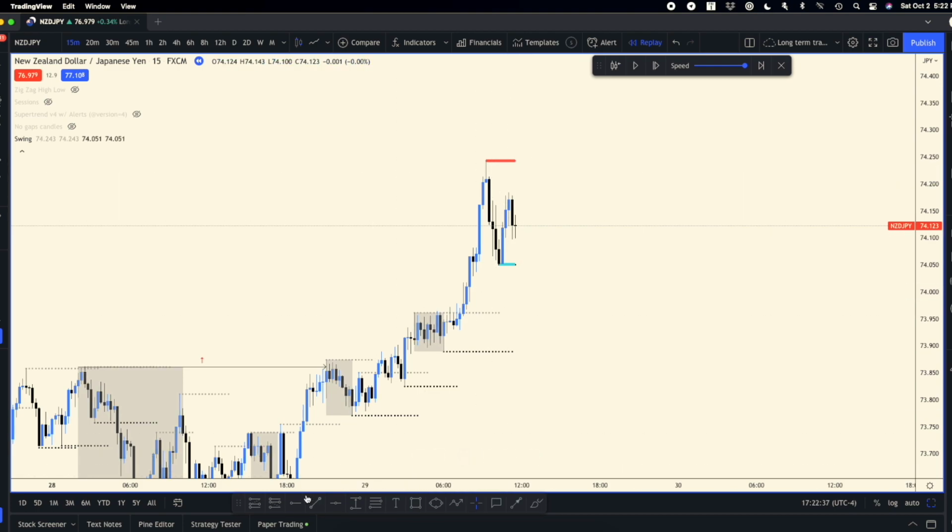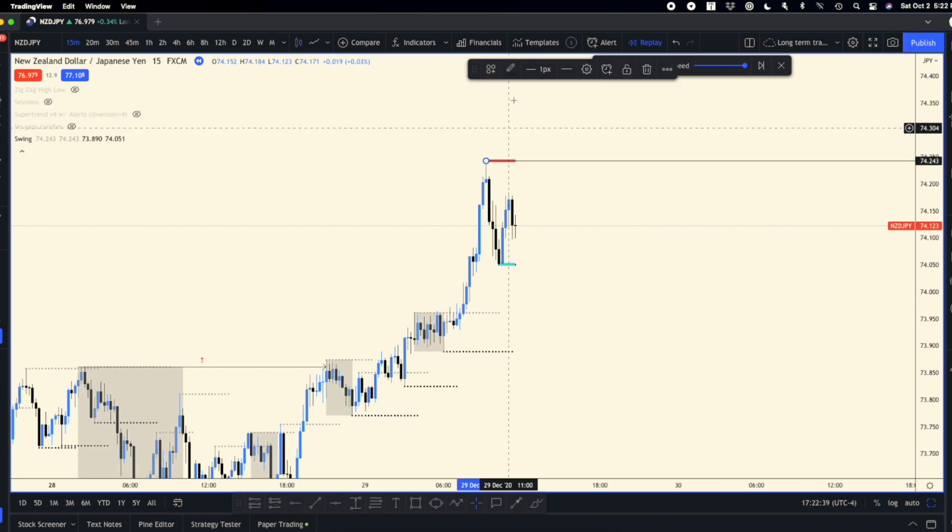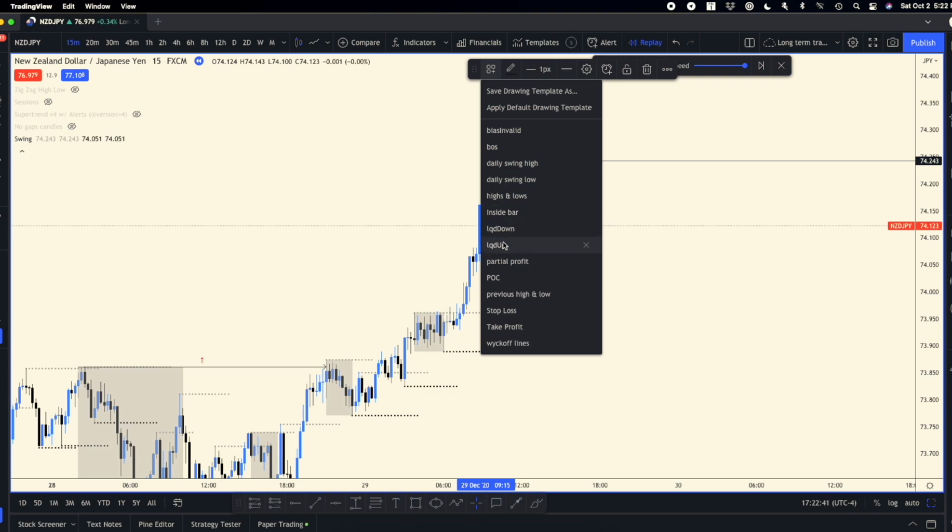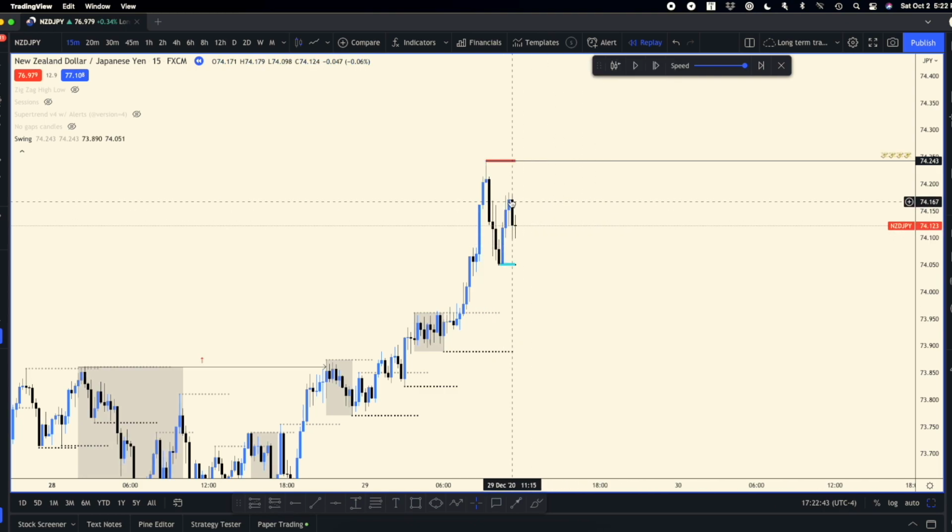So it has higher side liquidity right here. But if you can see, it kind of retraced pretty severe, but it had a strong impulse move to the upside. So, but it could come back down more.